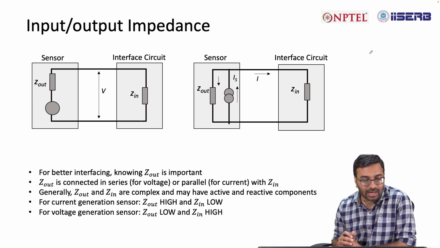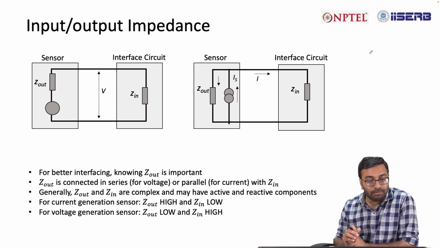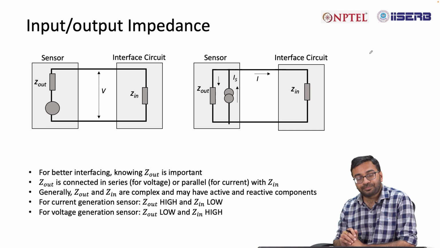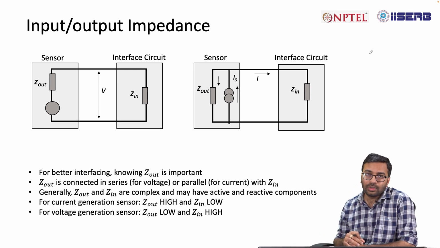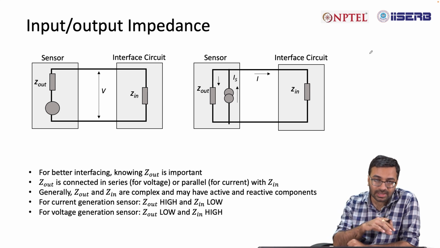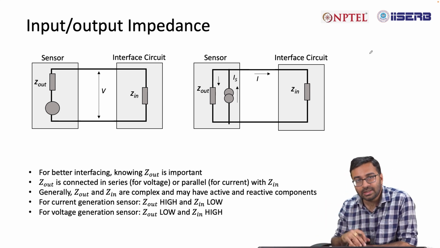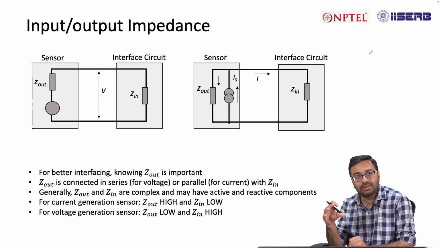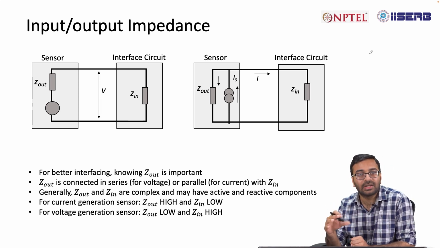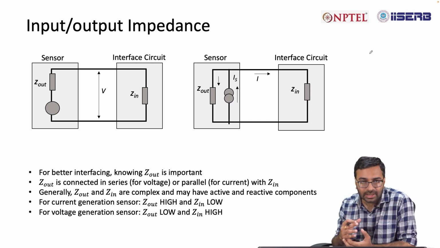Then there is another term which is input and output impedance. So input and output impedance is a kind of circuit consideration. One should know the input or output impedance of a sensor in order to design the interfacing circuit, because if the output impedance of the sensor is not matching with an input impedance of an interfacing circuit, it may create an issue.